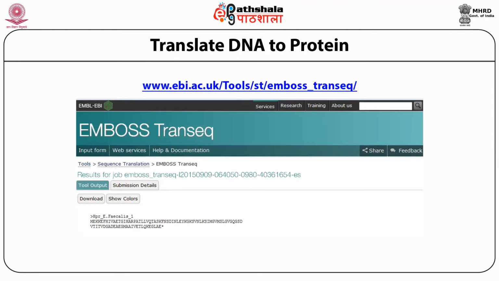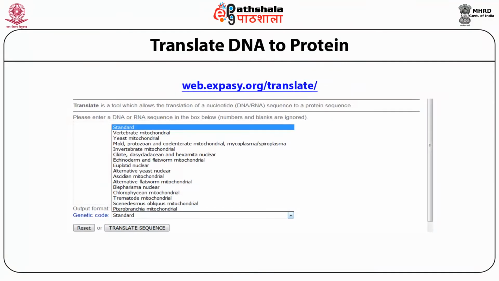This result shows the translation product of 88 amino acids encoding HPR protein. Translate is another tool for translation of a nucleotide sequence to a protein sequence using specific mitochondrial or nuclear translation tables. It is available at ExPASy, that is Expert Protein Analysis System server at Swiss Institute of Bioinformatics.